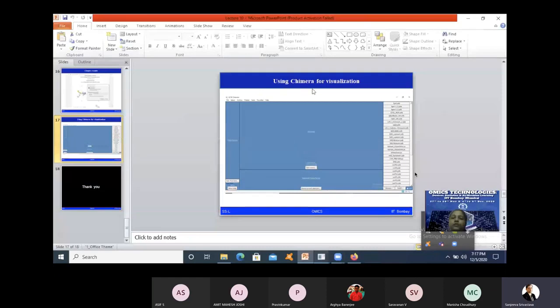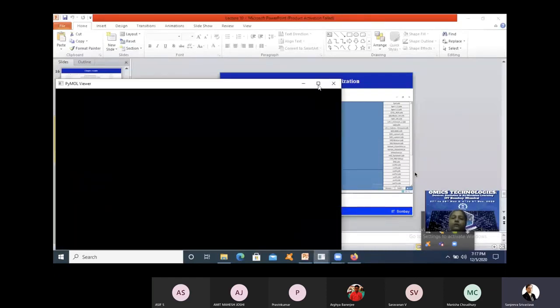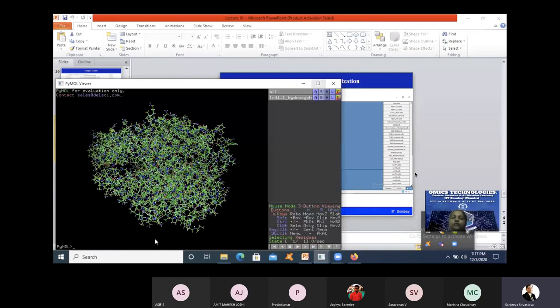The second software is PyMOL, which I think most of you might have used or at least heard about. In this software, I have uploaded one protein which is ACE2. That is a very common protein which most of us are hearing about in COVID.